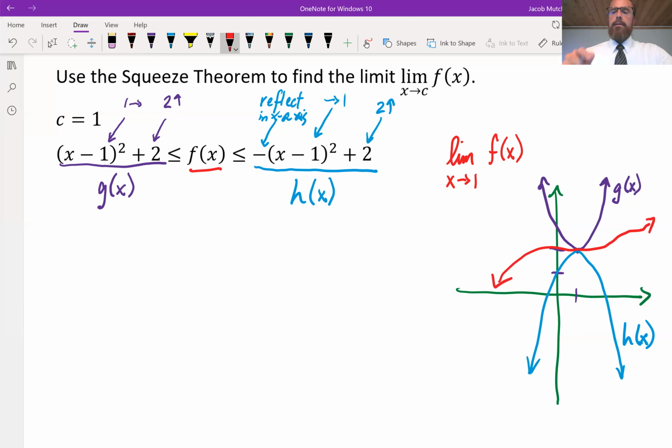So to apply the theorem, really what we need to find is what's the limit of g of x as x approaches 1? What's the limit of h of x as x approaches 1? Well, we can kind of see it there on the graph. Just to make a case, the limit as x approaches 1 for this upper one is the same from the right and the left.